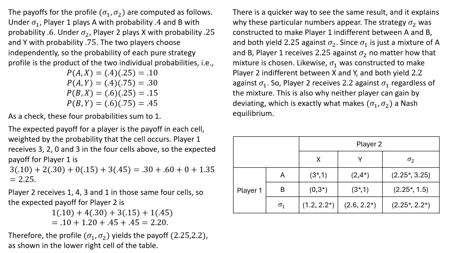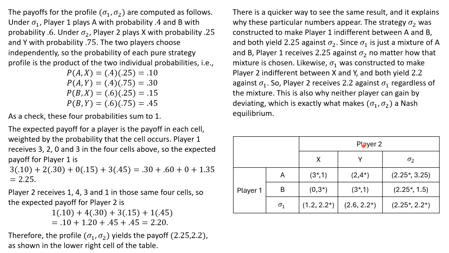So I was going to leave this as an exercise, but I decided to show the computation of the payoff when player 1 plays the mixed strategy and player 2 plays the mixed strategy. So first, to do this, we compute the probabilities of the occurrence of these 4 strategies, AX, AY, BX, and BY here.